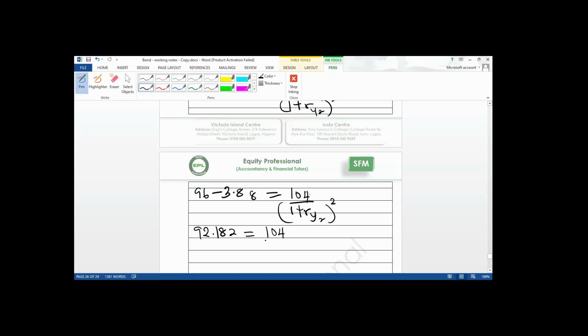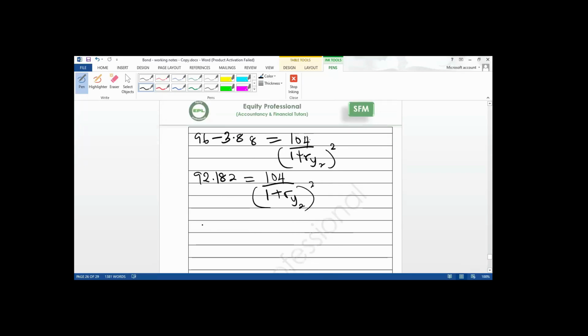Cross multiply. 92.182 bracket 1 plus R in year 2 raised to power 2 is equal to 104. Divide both sides by 92.182.